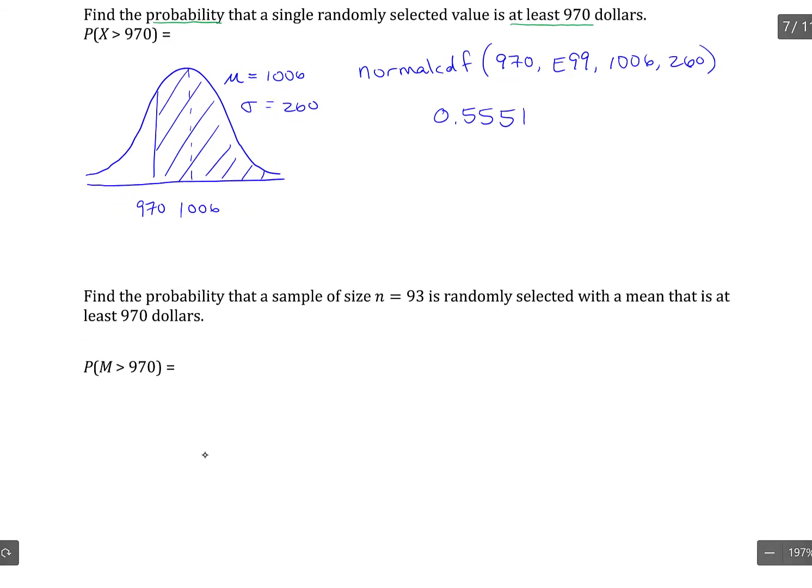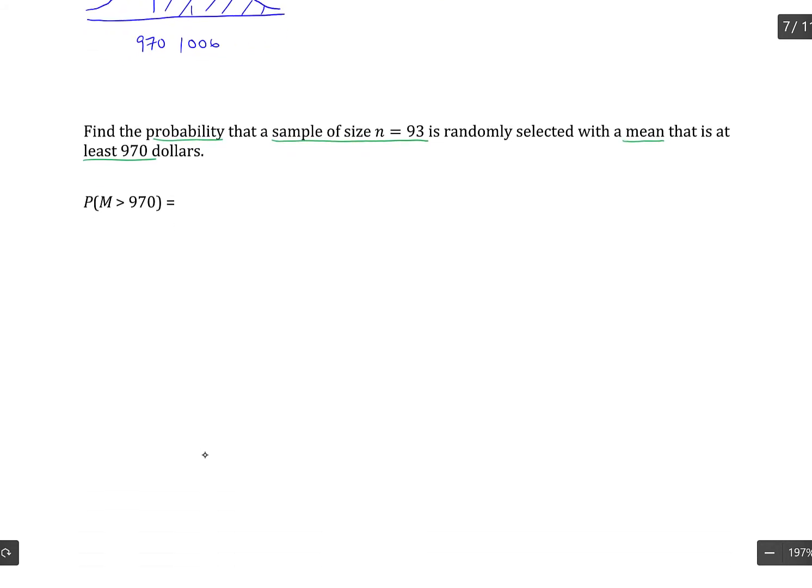Now, we want to contrast this with finding the probability that a sample of size n equals 93 is selected that has a mean that's at least $970. So because we're working with a sample, that changes things.